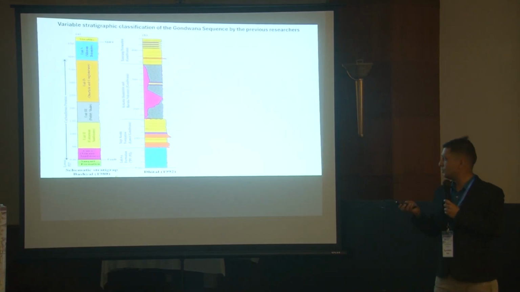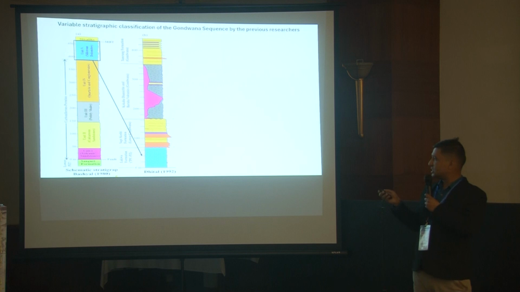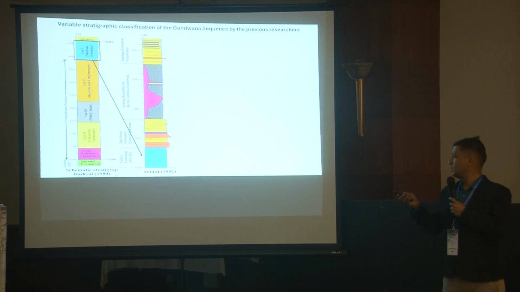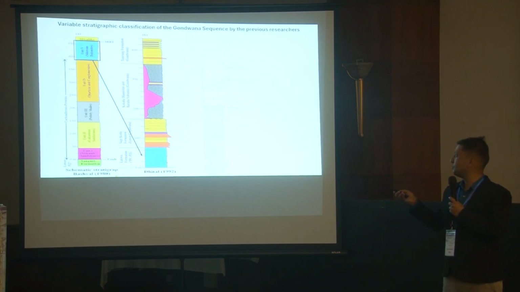He reinterpreted that the youngest siliceous dolomite of Bosian is actually the basement rock, Precambrian dolomite of the Lesser Himalaya.